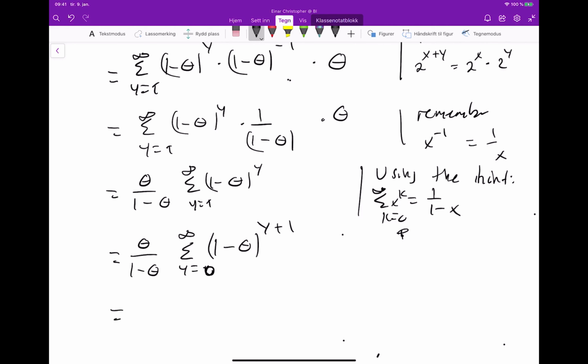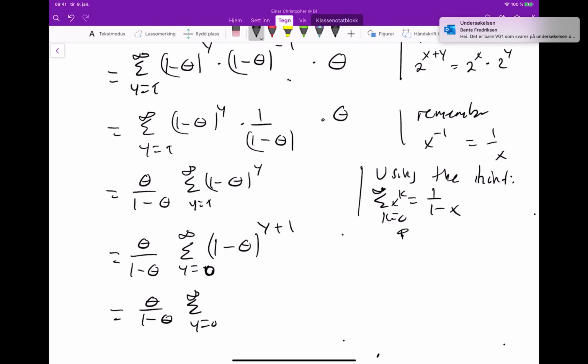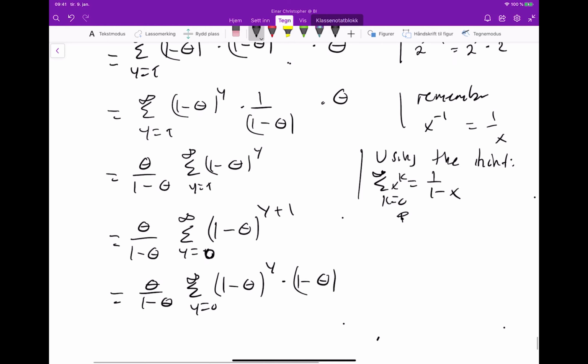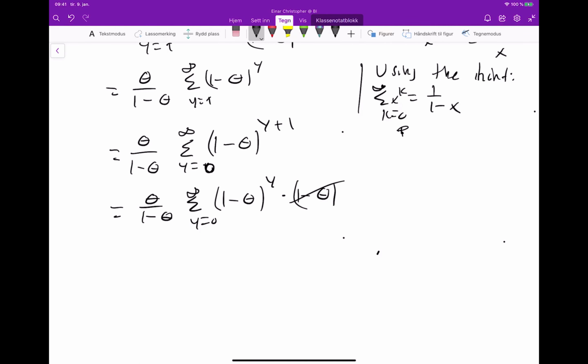And then I have to do the same once more. y equals 0 to infinity, (1 minus theta) in y times (1 minus theta). But then I see that I can just cancel this against this, and I get theta times the sum y equals 0 to infinity of (1 minus theta) in y. And now I can use the hint.